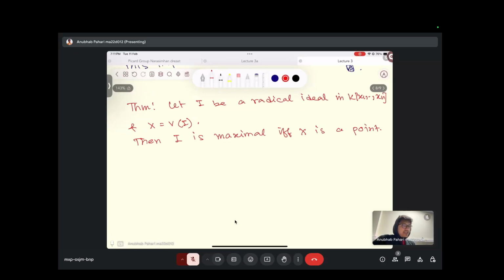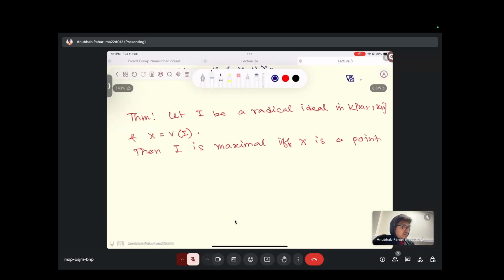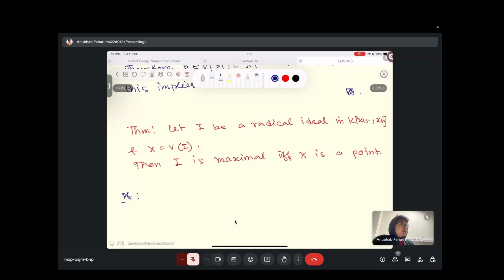And again we will be doing this by contrapositive statement. That is, X is not a point. We prove the contrapositive, that if X is not a point, I is not maximal.